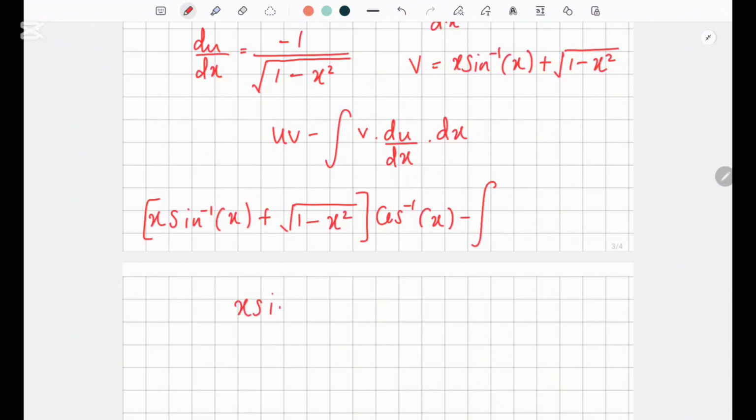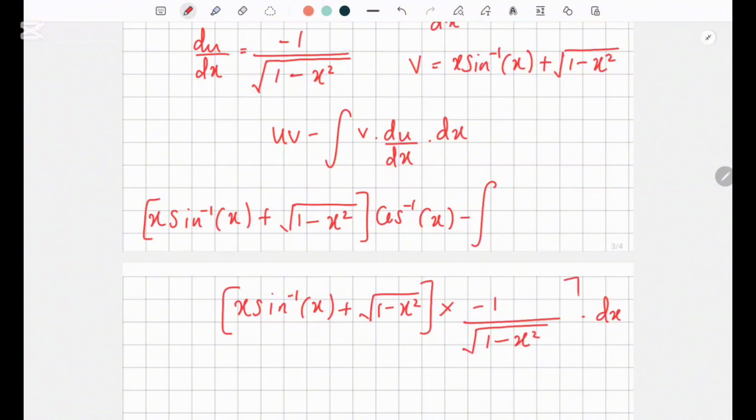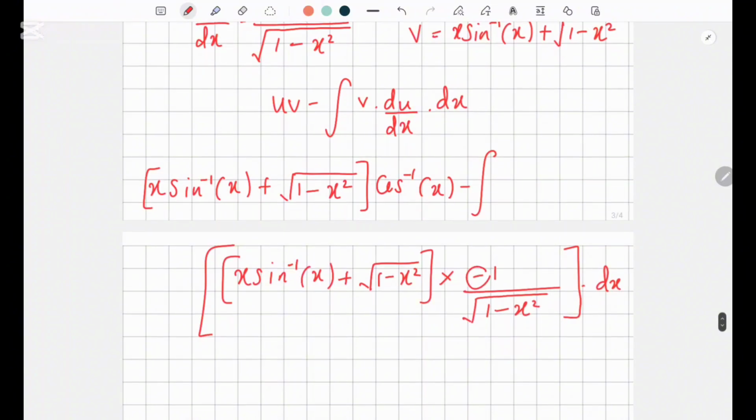So x sine inverse x plus root 1 minus x squared into minus 1 over root 1 minus x squared dx, right? So we have a minus, so this minus and this minus will make it plus, right?